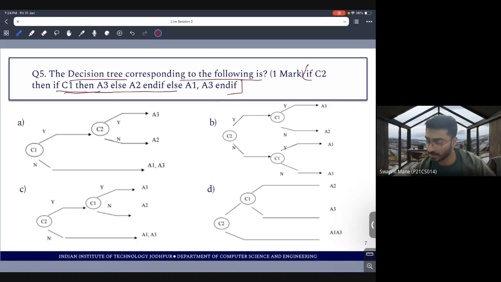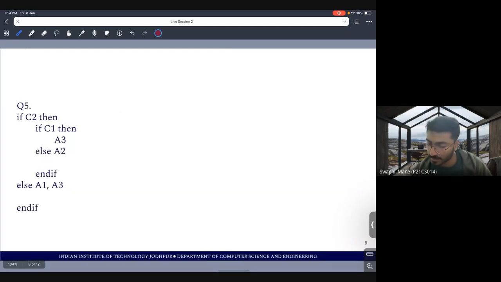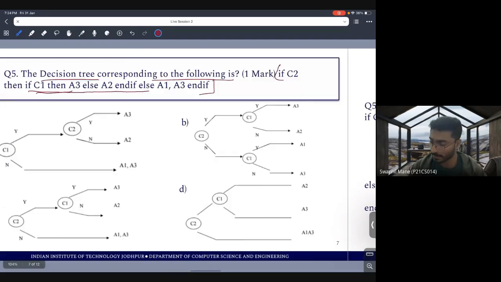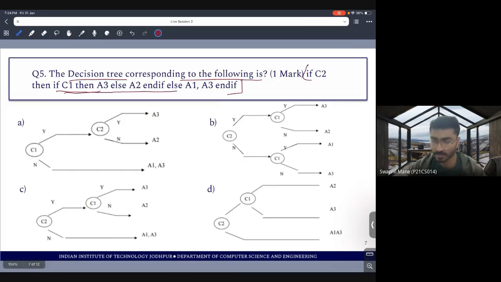It is confusing to understand, so you can see the hierarchy of that code, the logical rule has been written here. If C2 is true, then we check C1, it is true. C2 and C1 together true, then it is A3. Please try to solve it yourself and let me know what could be the answer for this question.